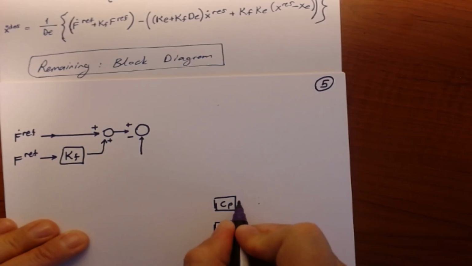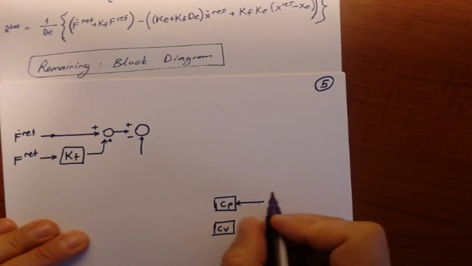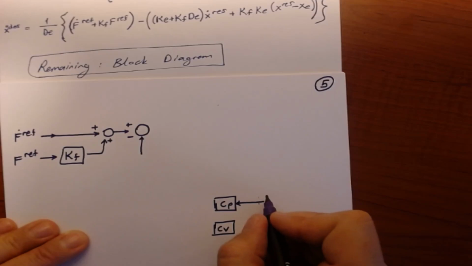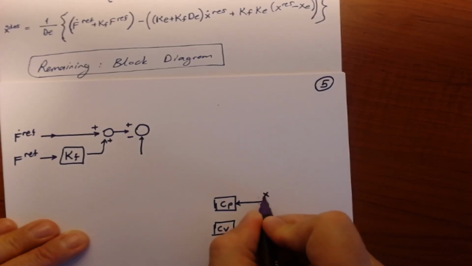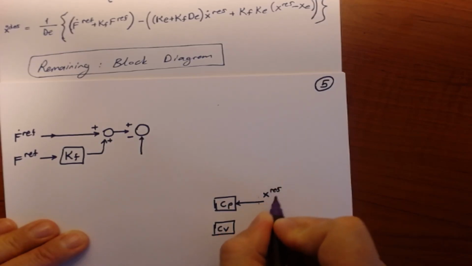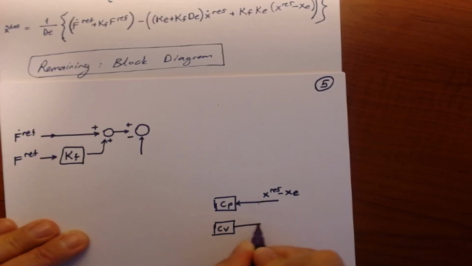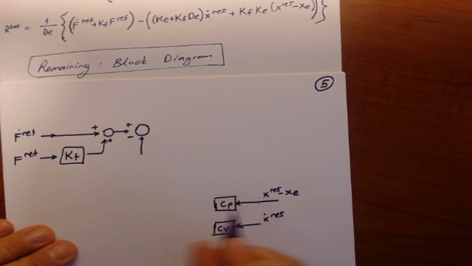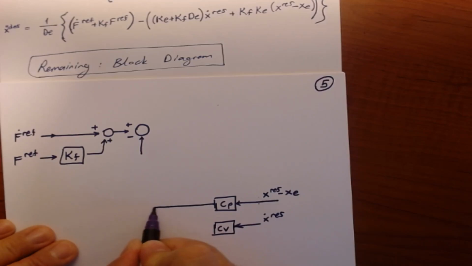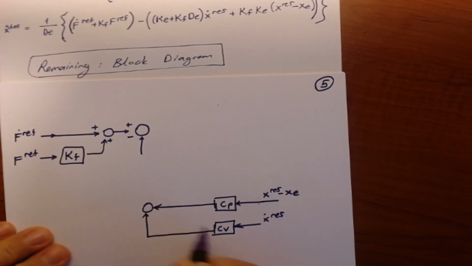The first one is multiplying the position, so this is x response minus x environment, and this is the x response derivative. So they should be summed up, right?